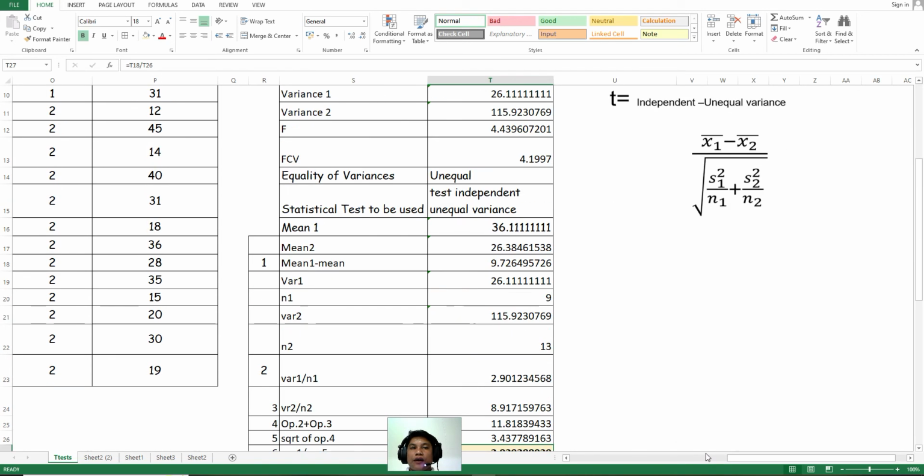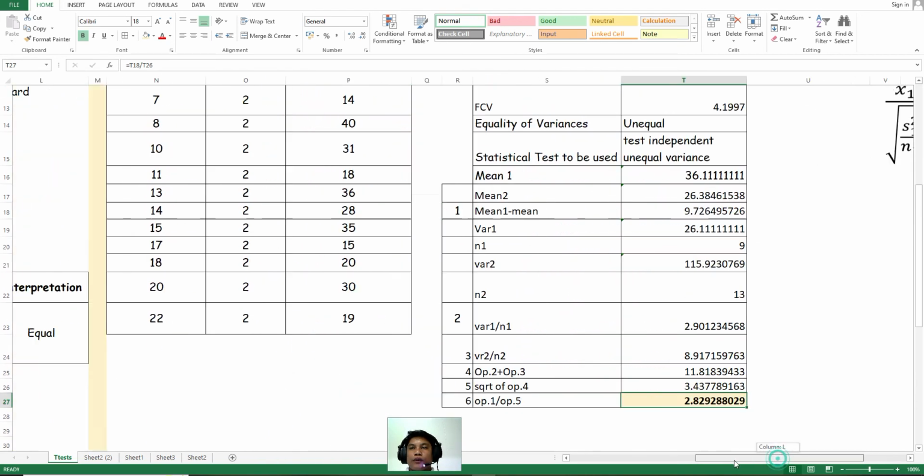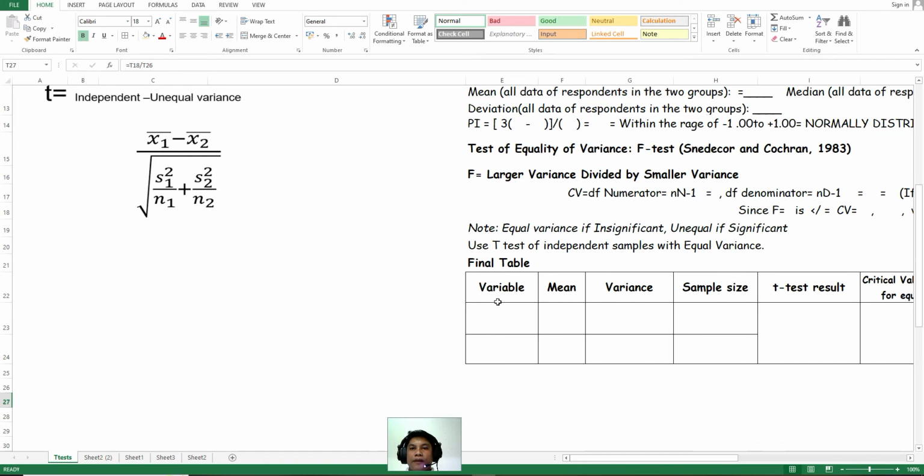So we will go back to the table as our reference. Remember that our variable here is the quiz scores, the scores of the quiz. That's the variable.